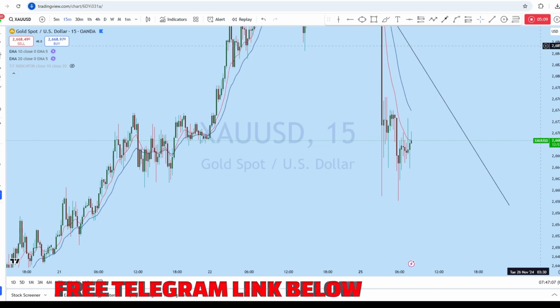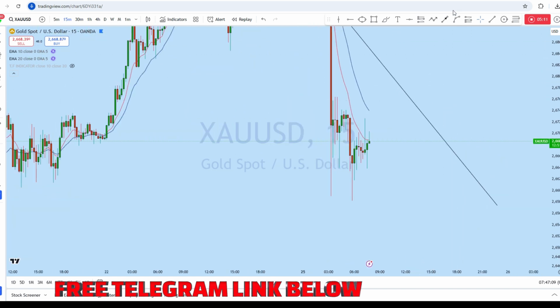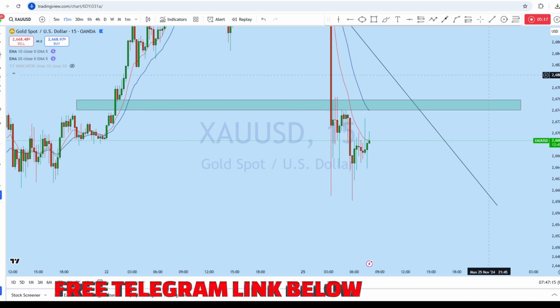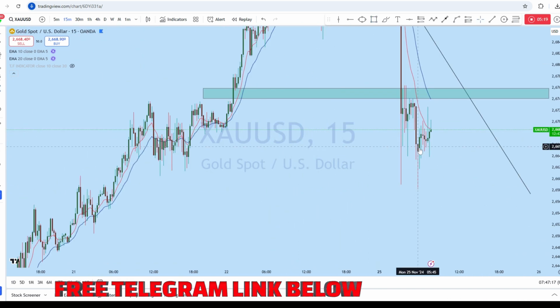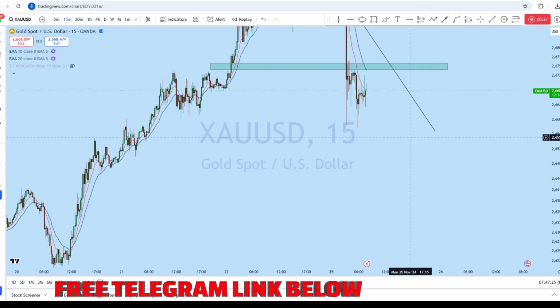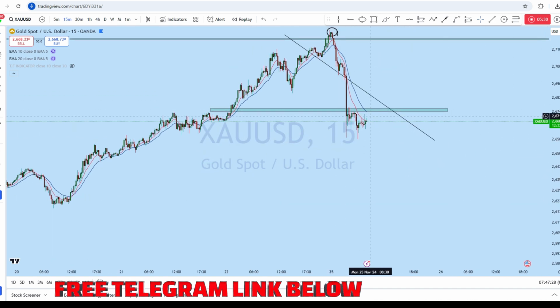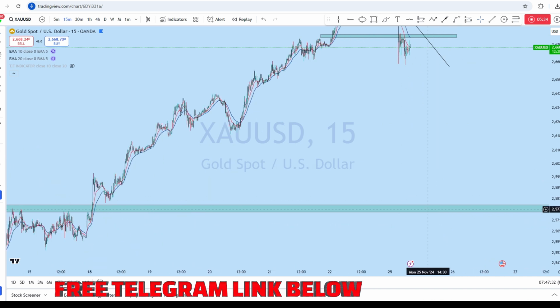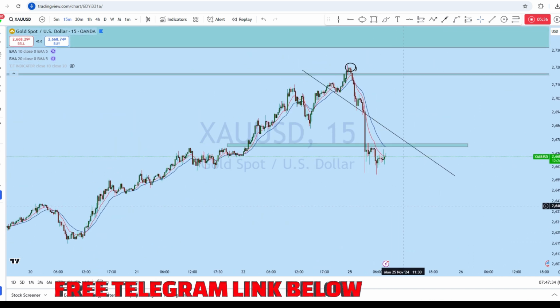Now the most important part, what I think is that this is the important resistance line here. As you can see, the market managed to completely break below, and if the market retests this level and gets rejection like long wick candles, we might see XAUUSD breaking below, and in that case we might see potentially a retest of the order block.